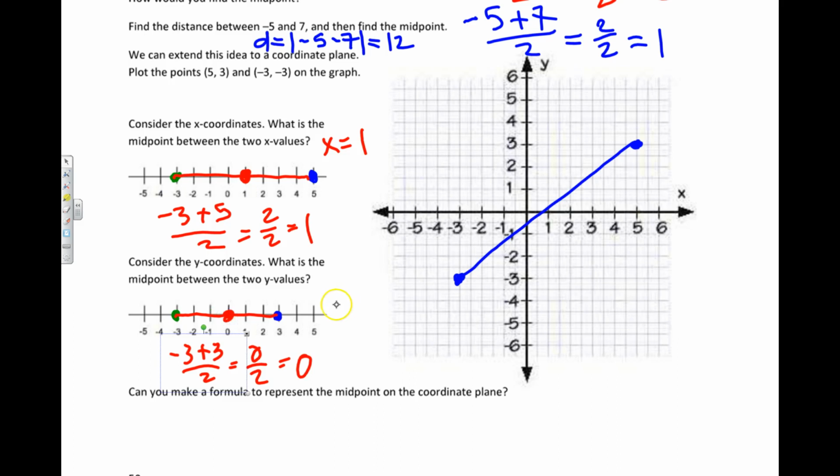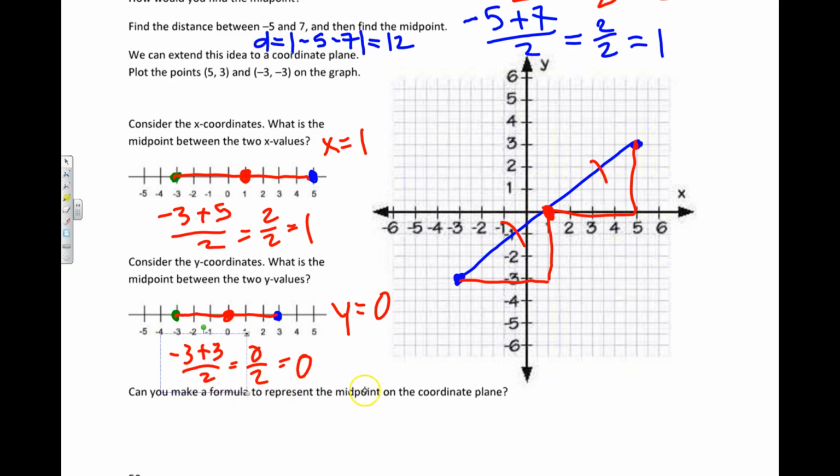Okay? So that means I expect my y value to be 0. So looking at this, if I go to the point 1, 0, oh look, that's on that segment, okay? That's exactly halfway. Do you see how these two distances here are the same? Those guys end up being equal.